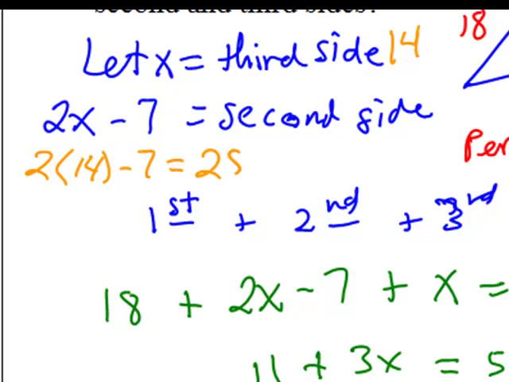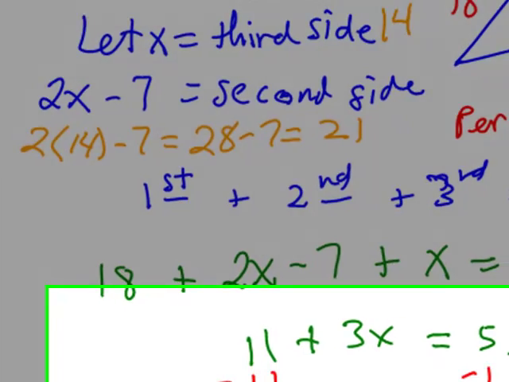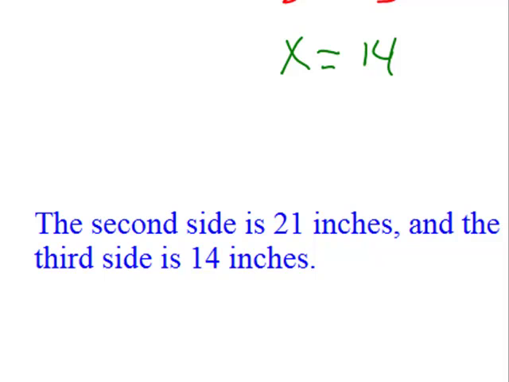That's 28 minus 7, that's 21. So our second side is 21 inches, our third side is 14 inches, and we were asked to find those two sides. And here we have it in sentence form. The second side is 21 inches and the third side is 14 inches. And don't forget the word inches.